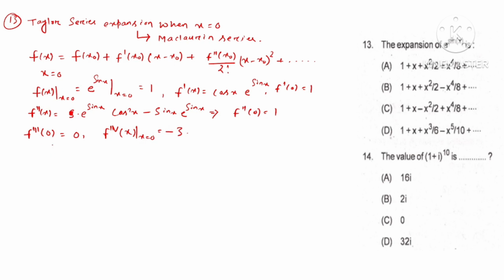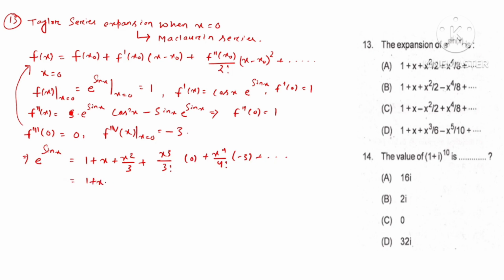Okay, putting all these values in this expansion, we can write it down. e to the power sine x becomes 1 plus x square by 2 plus x cube by 3 factorial into 0 plus x power 4 by 4 factorial into minus 3, and so on. This gives us 1 plus x square by 2 minus, here 3 gets cancelled, so 4 into 2 is 8, x power 4 by 8 plus so on.